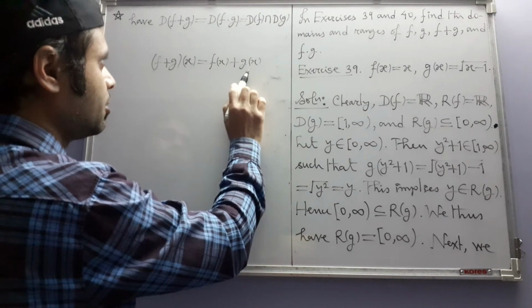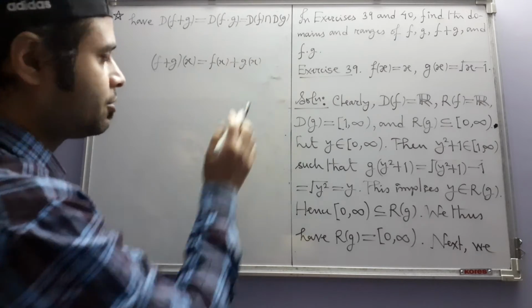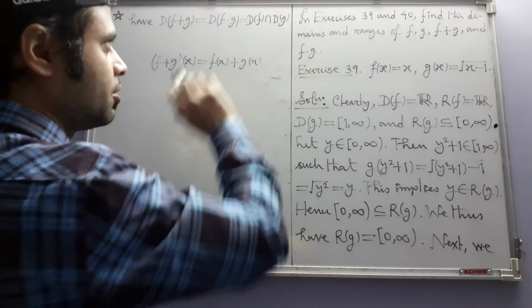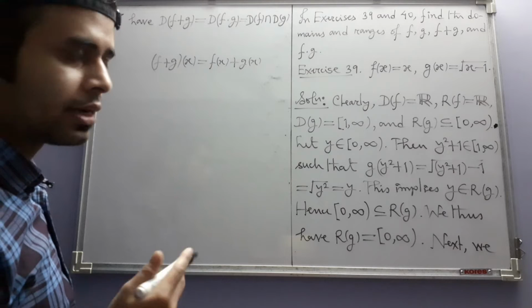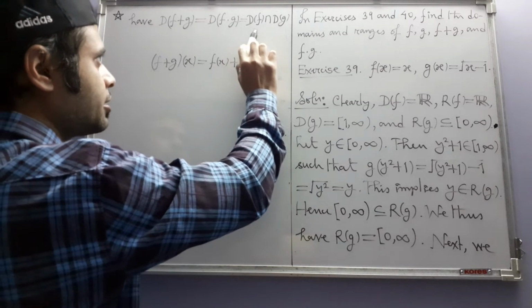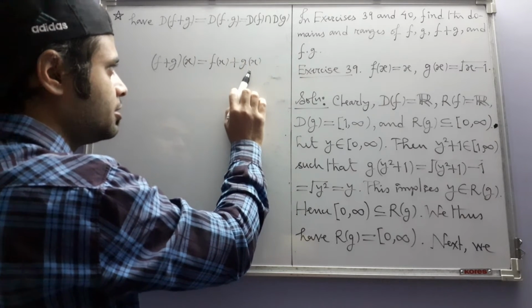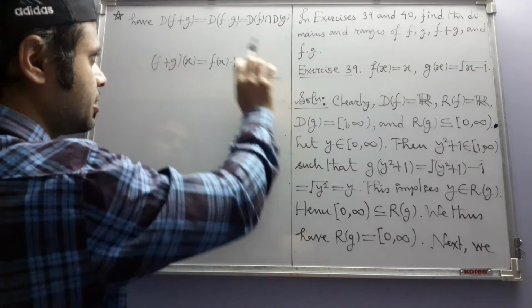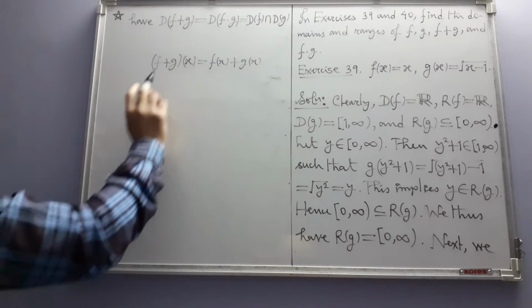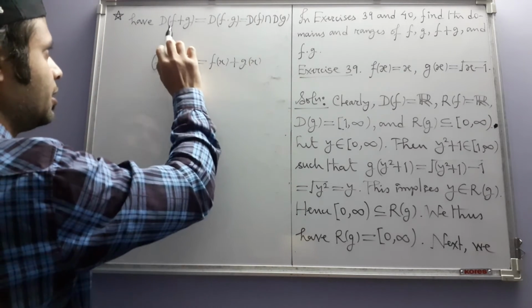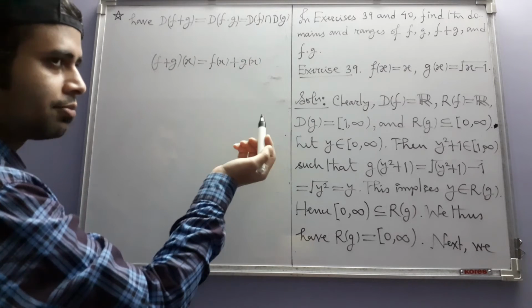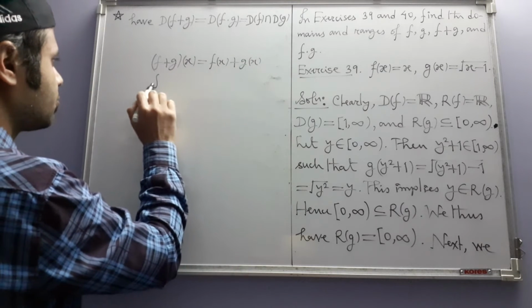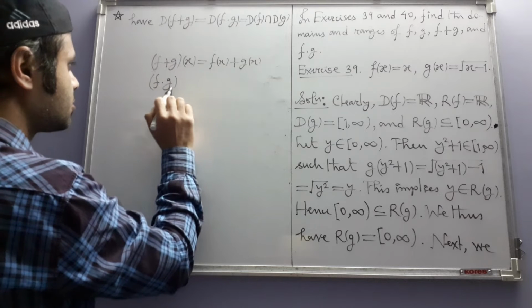So x must belong to the domain of f and domain of G. So it must belong to their intersection. And conversely, for any x in this intersection, these two things make sense. So this can be calculated, and that's why the domain of both f plus g and f dot g, because of that same reason, is this.